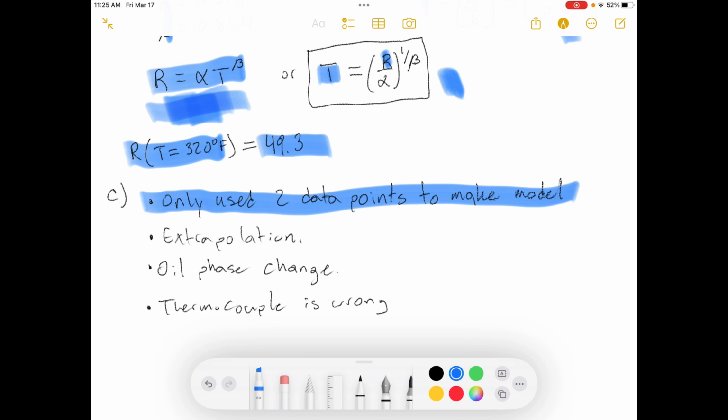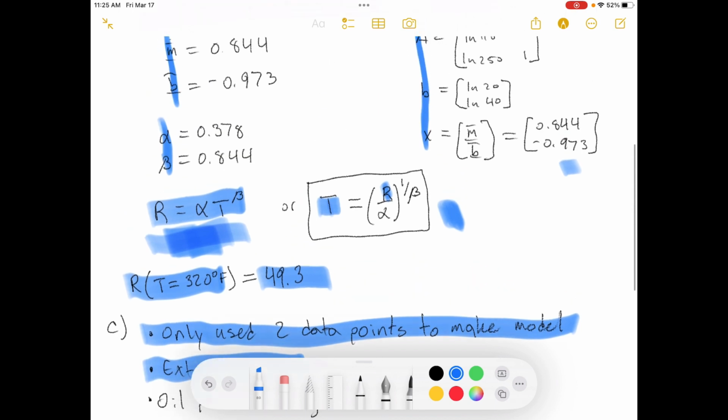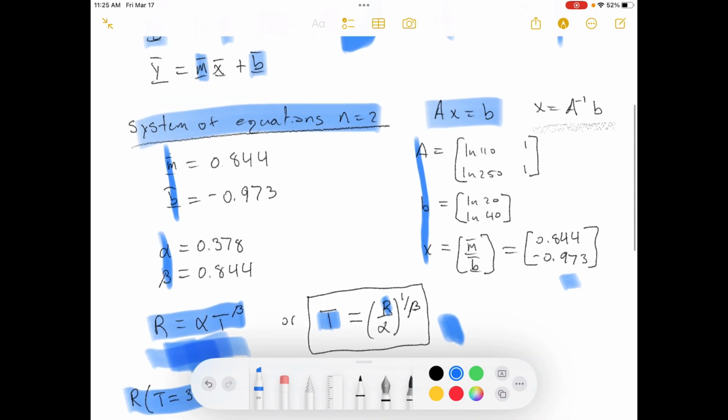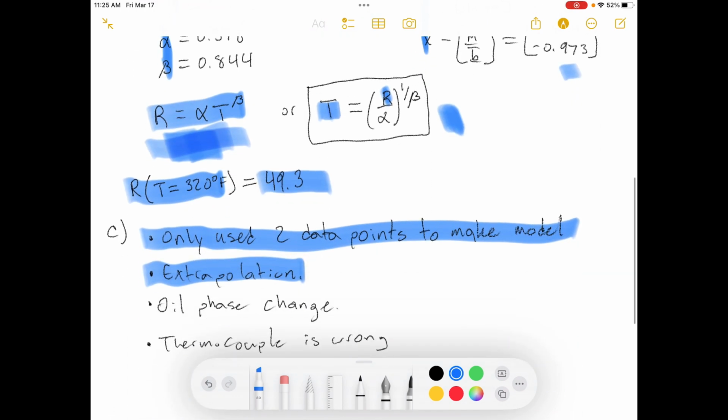The other thing we need to watch out for is that our 2 data points were in the temperature range of 110 to 250, so we're extrapolating when we put in 320. That is out of range for where our data was collected, so we're bound to have some large errors if we're extrapolating that far from the data set on which we built the model.